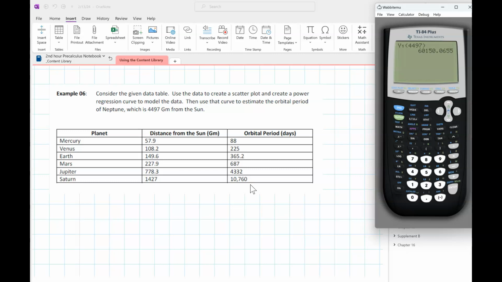Where it said store reg EQ in the menu, when you did the power reg, you had to put the Y1 there. That's how you store it.